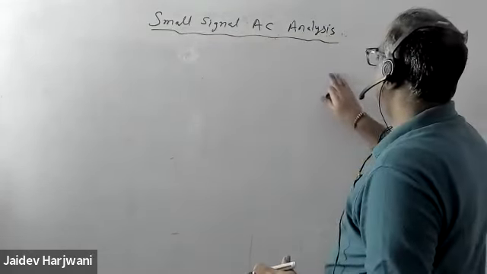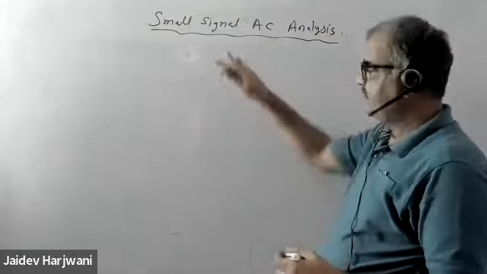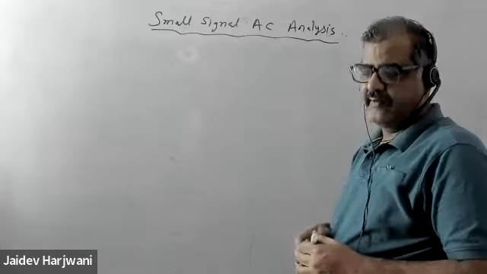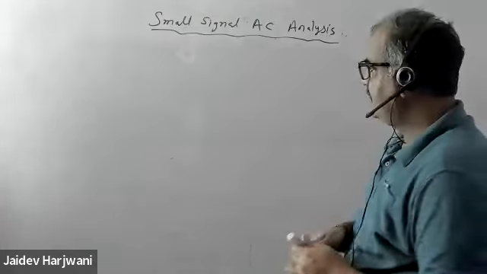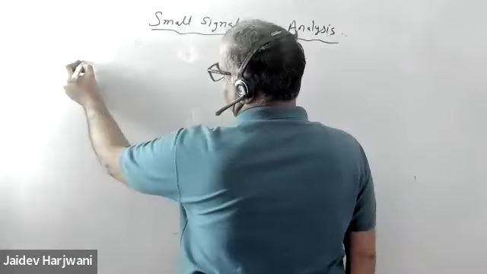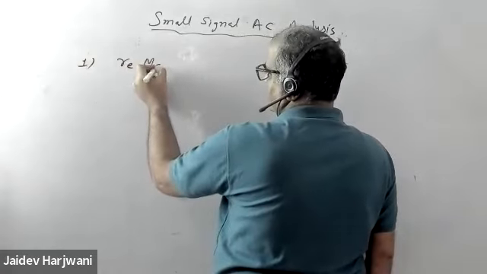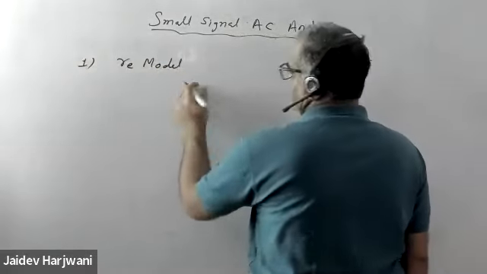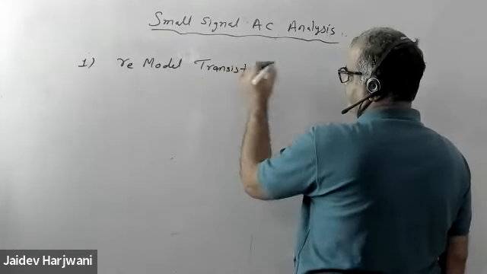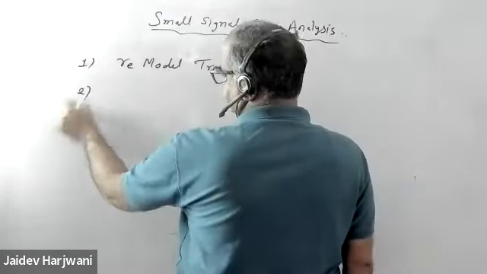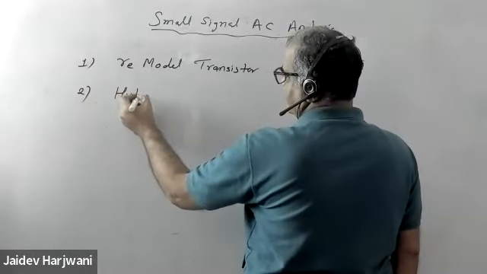And there are two models. While doing AC analysis for a small signal, we have to replace the transistor by its equivalent model. There are two models. One is called the RE model, and the second is your hybrid equivalent model.